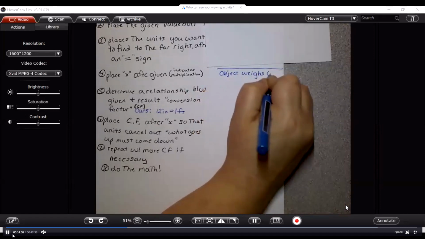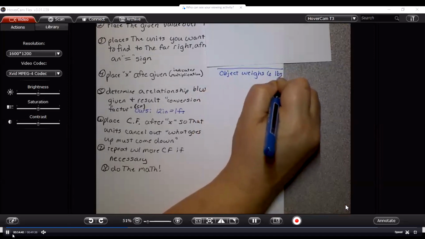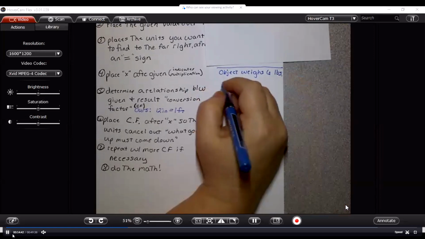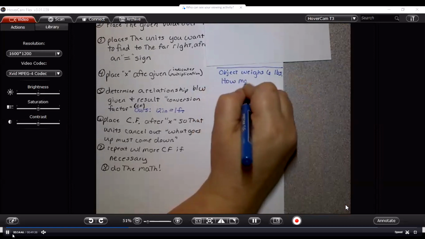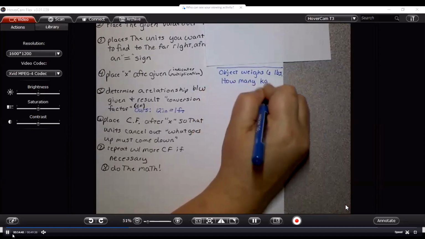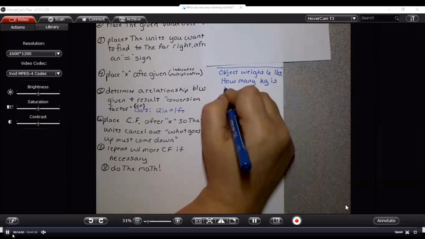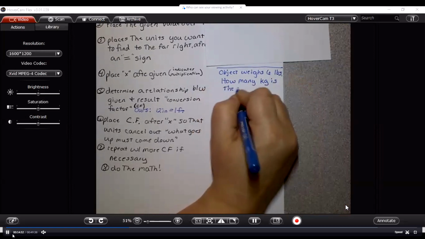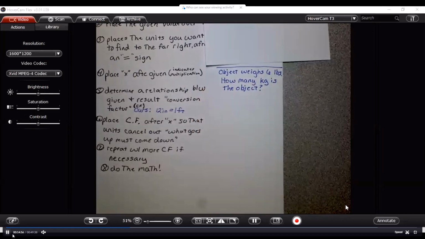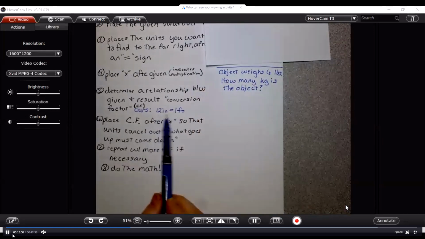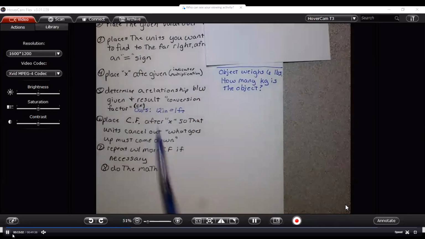So example number 2, we have an object that weighs 6 pounds. LBS is pounds. And we're going to try and figure out how much that weighs in kilograms. So how much does an object weigh in kilograms if it weighs 6 pounds?